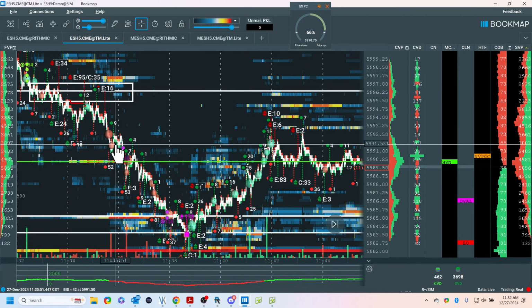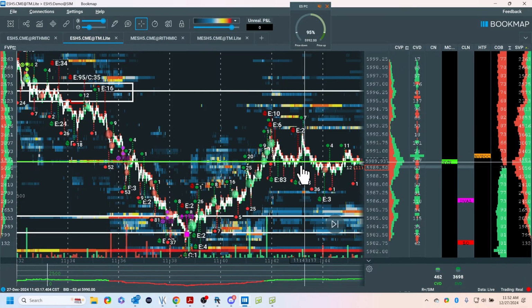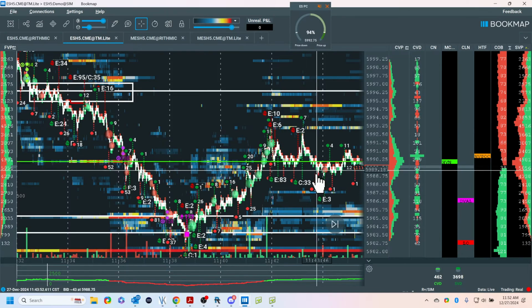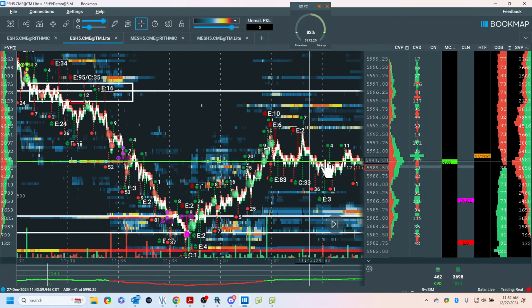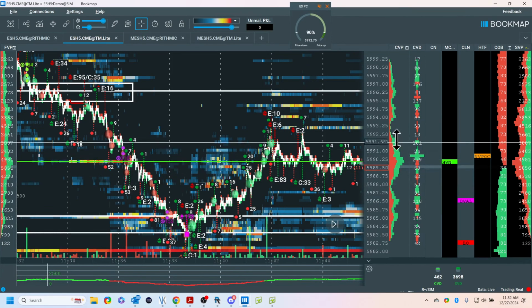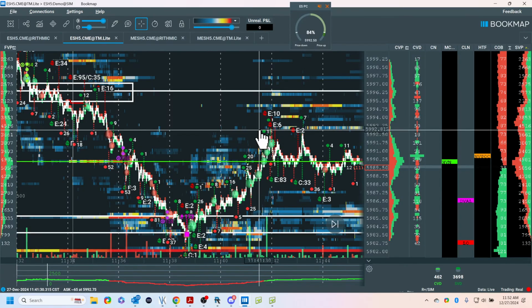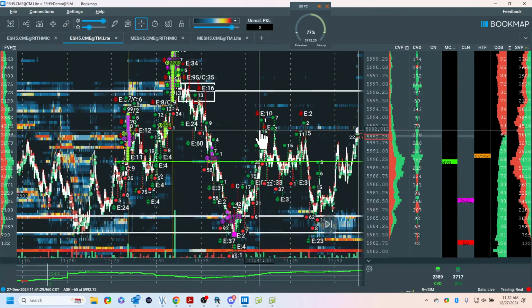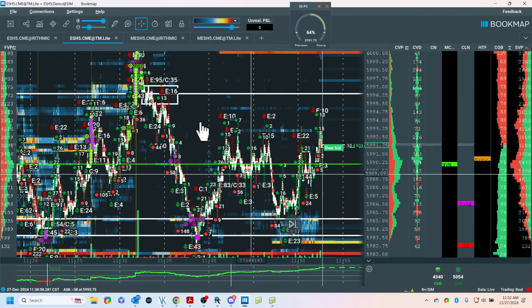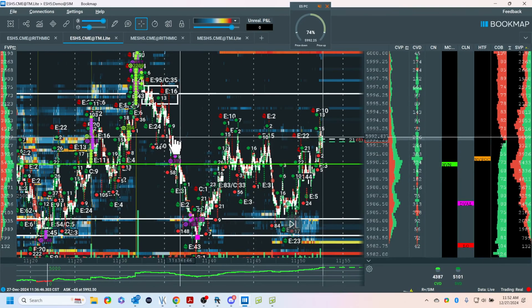Where's resistance? Where's support? Support. Resistance. Break low. High volume. This is right here, your sandbox. Now let's see what it does. No idea. Let's just see what it does. See? Support. Where's resistance? Here.